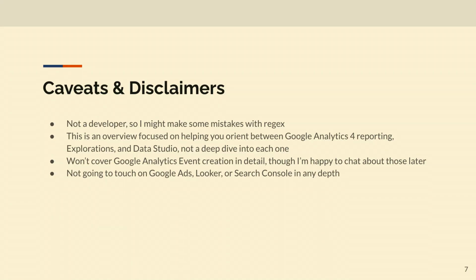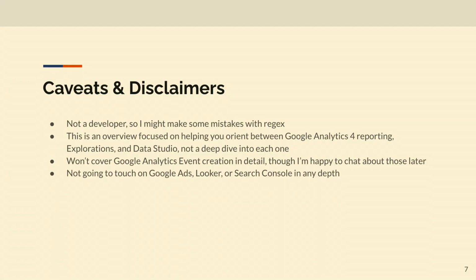Particularly now. So a couple of caveats and disclaimers. I'm not a developer, so if I go really off the rails and try to use some regex or something, I may get it wrong. I'm going to try to avoid that. This is an overview, so I could go into more depth on different pieces. I'm trying to orient you and get you comfortable with each of the 3 different reporting views, rather than do a deep dive.